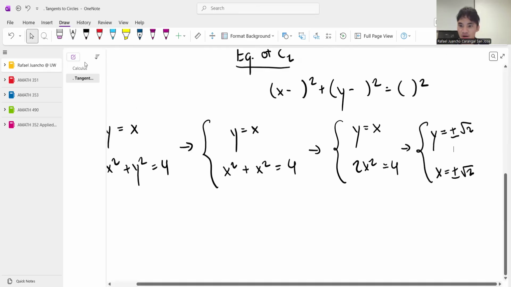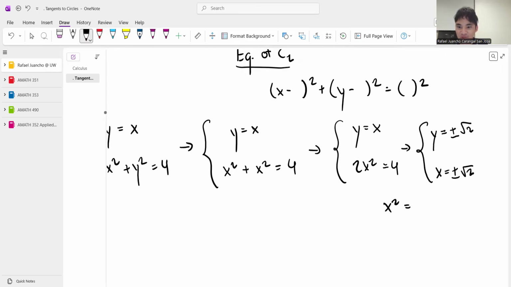Now you might be wondering why. Because x squared is 2. Now here's a rule of thumb. When we take the square root of both sides, this would be x, this would be square root 2. But we also want to take into account the negative. We know the positive works.